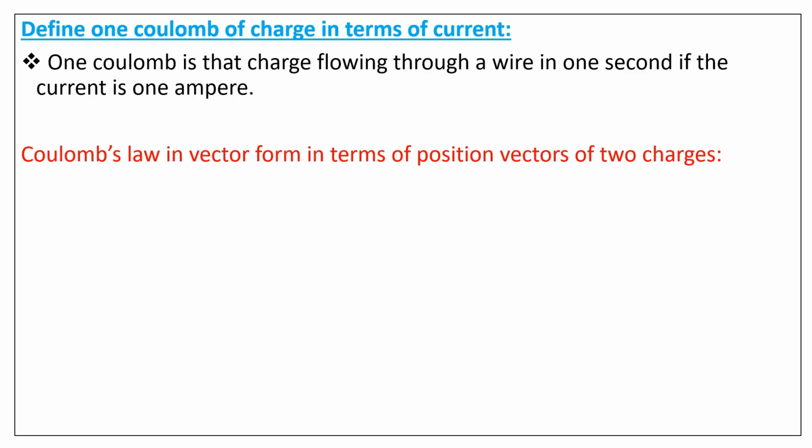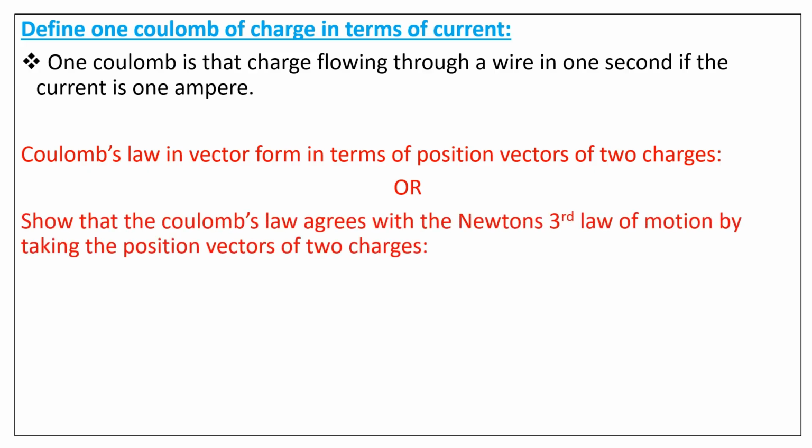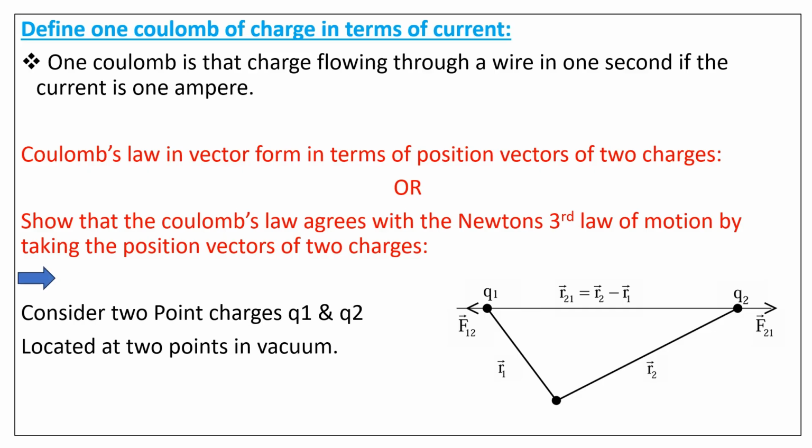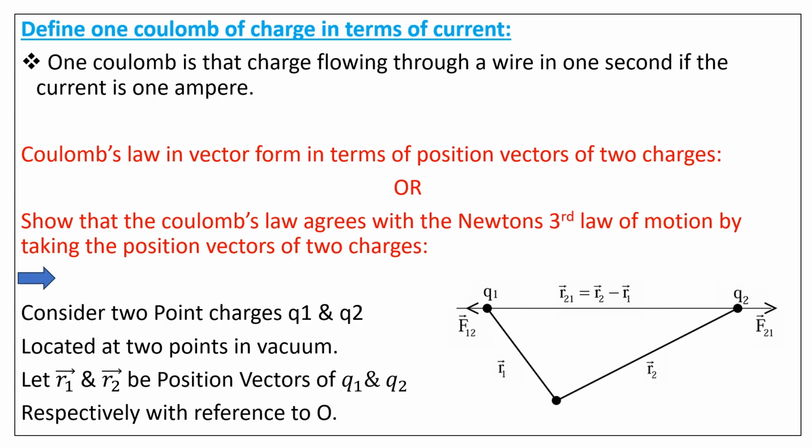Next, Coulomb's law in vector form in terms of position vectors of two charges. Or, show that Coulomb's law agrees with Newton's third law of motion by taking the position vectors of two charges. Consider two point charges Q1 and Q2, located at two points in vacuum.